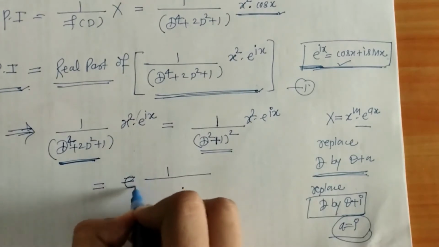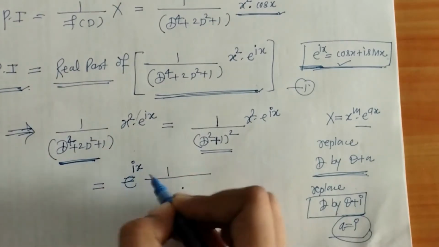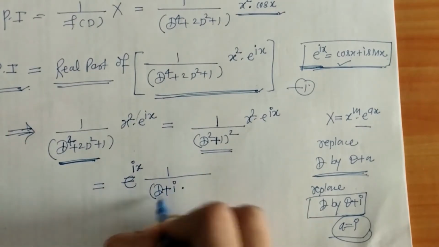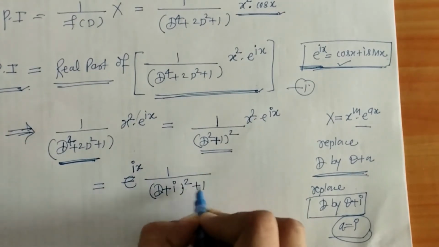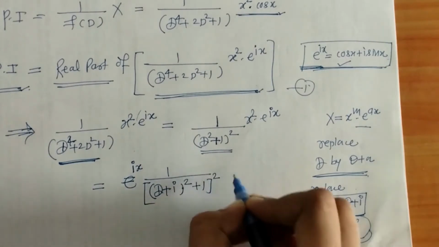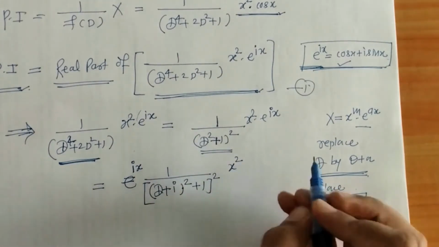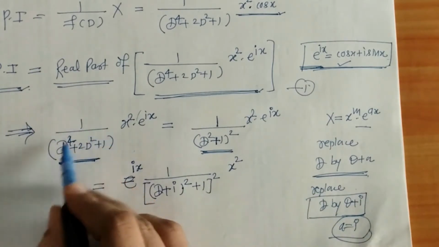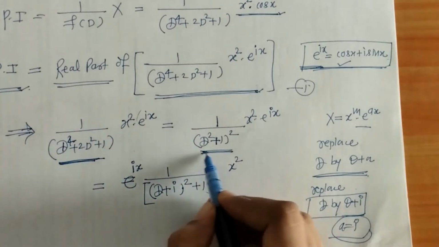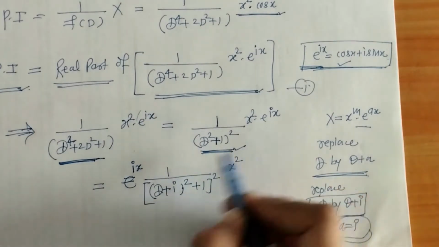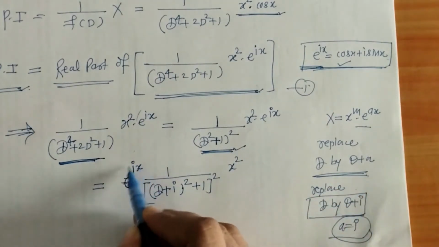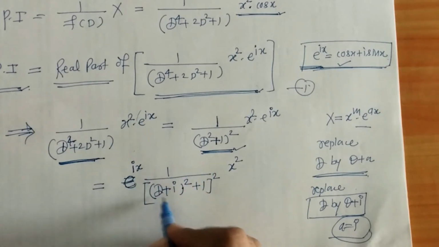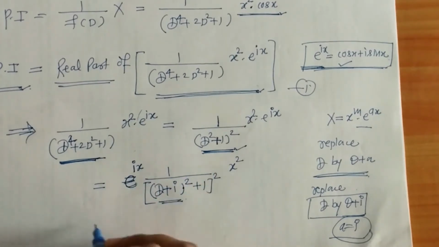We will take e raised to ix outside, and replace D by D plus a in the remaining x square. First we have written this expression as the square of this, taken e raised to ix outside this operation, and replaced D by D plus a.